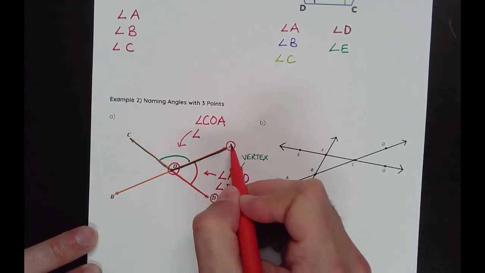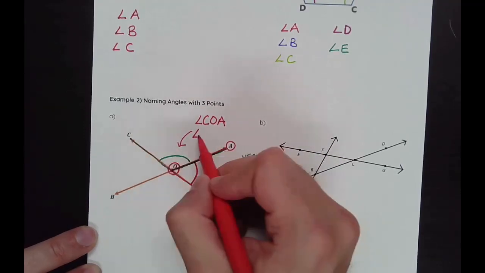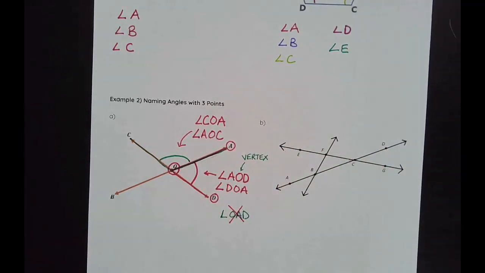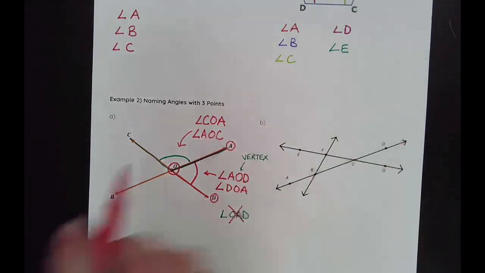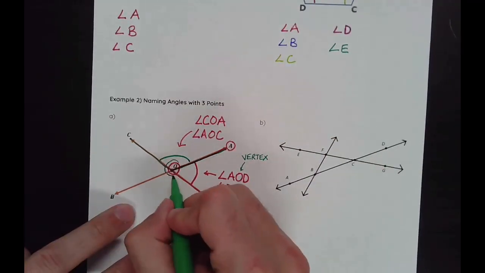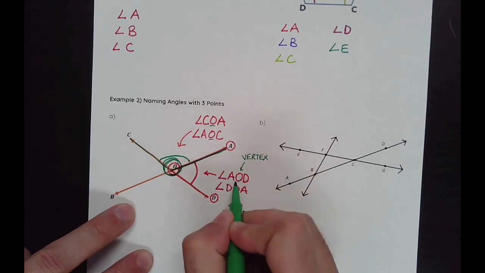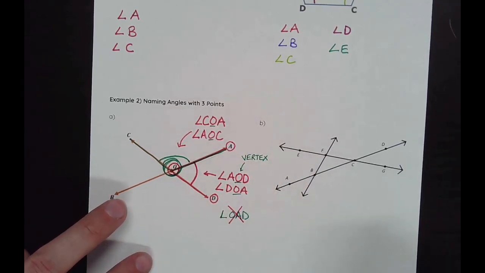I could also go A, O, C. Again, since this is the one vertex in the diagram, notice that every single label of an angle involves O in the middle.